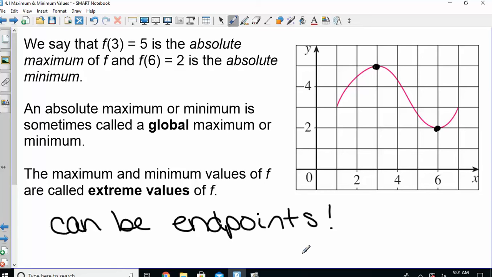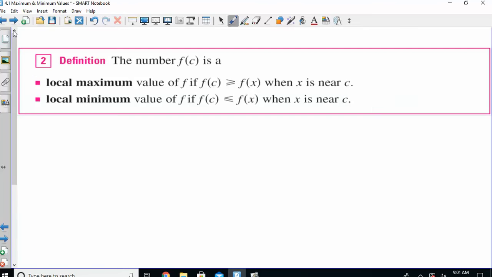But the absolute, when I'm dealing with the entire graph, it can be an endpoint. And when I talk about local maxes or mins, they're not higher or lower than everything on the graph, just the points immediately surrounding them.